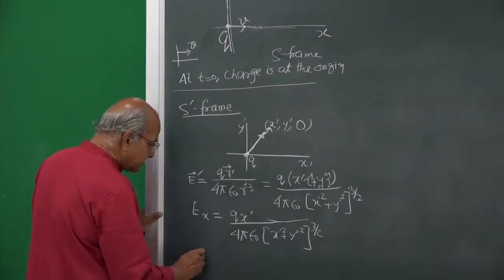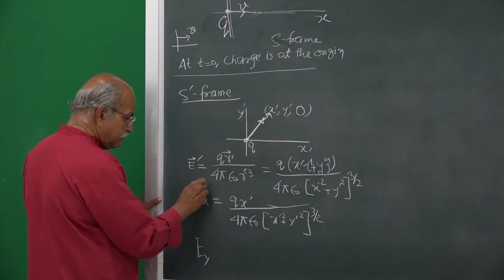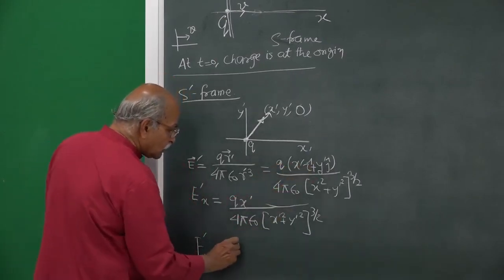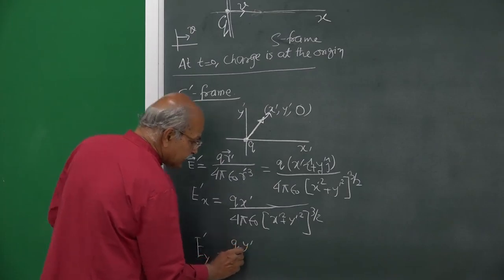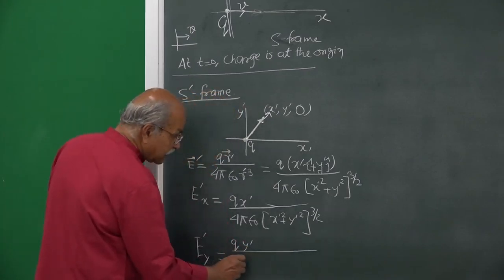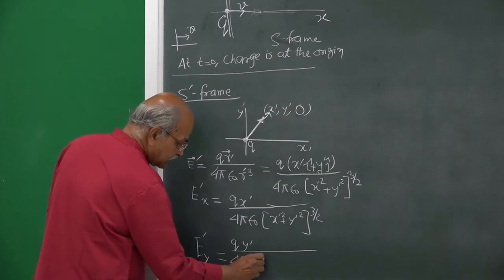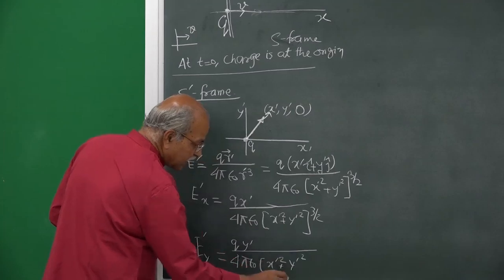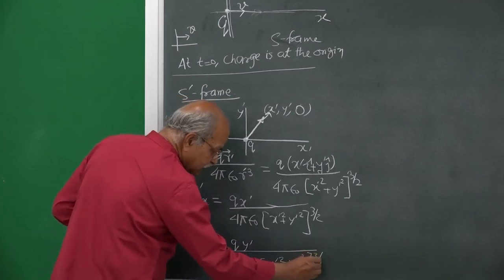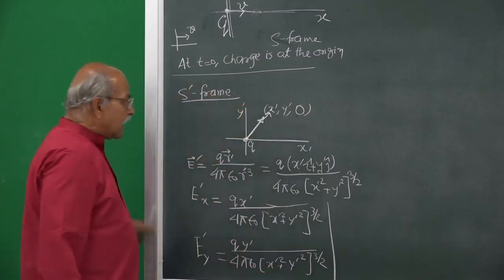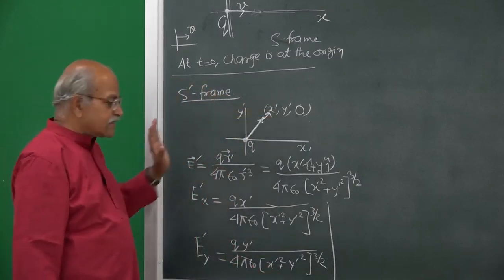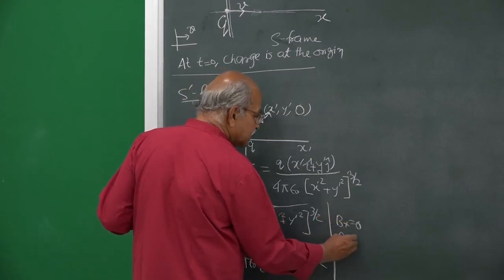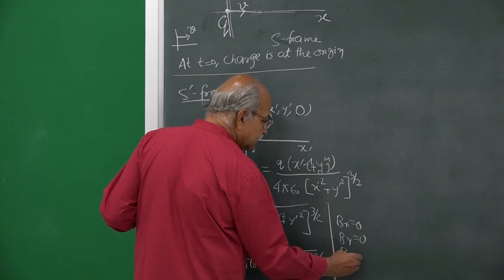Similarly, Ey prime will be equal to q y prime divided by 4 pi epsilon naught, x prime square plus y prime square power 3 by 2, and there is no magnetic field. This charge is at rest. So, B is 0. So, Bx prime is 0, By prime is 0, and Bz prime is also 0.